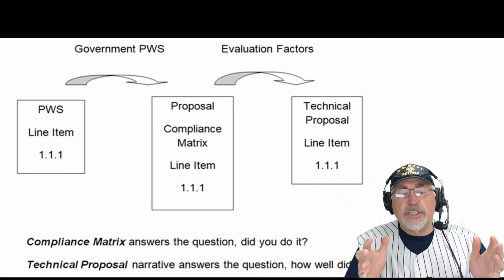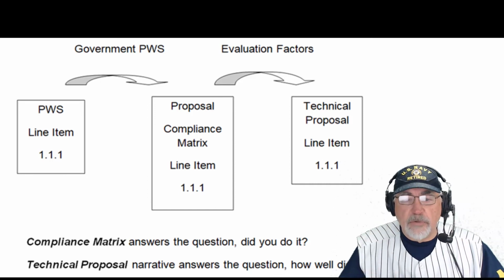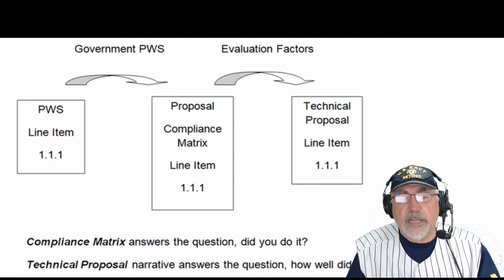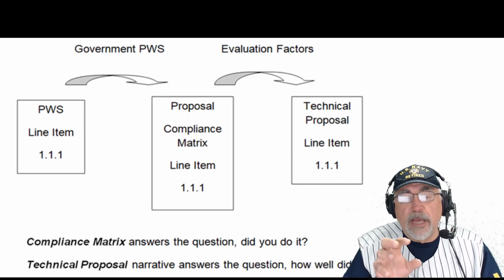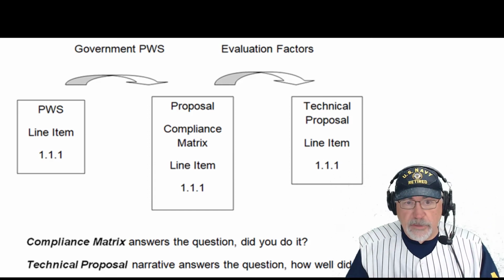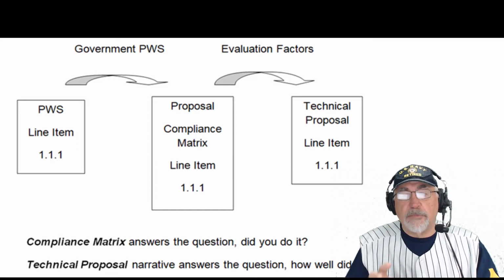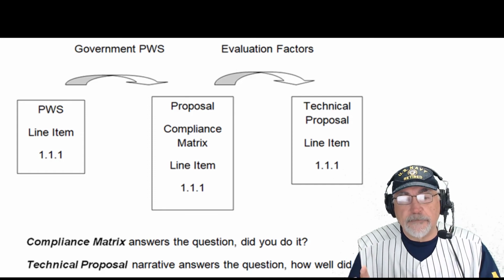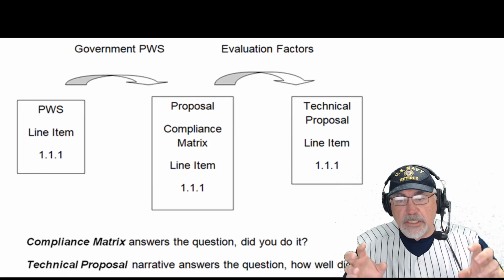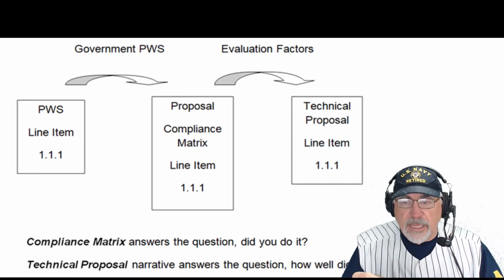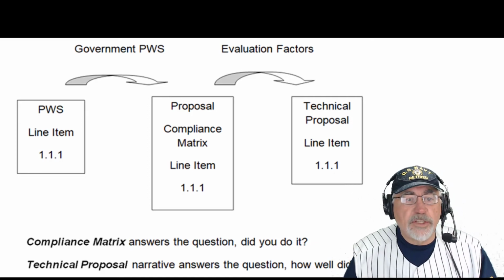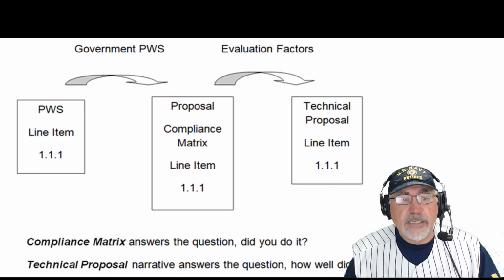So if they present to you a solicitation with a performance work statement, you need to follow that performance work statement and track it, and then identify not only that you can do it, but also how well you can do it. And that's where the narrative portion comes in, the technical proposal. As you can see, it is somewhat lengthy, but it's necessary if you're going to get the word across. So let me go into that detail in just a moment.